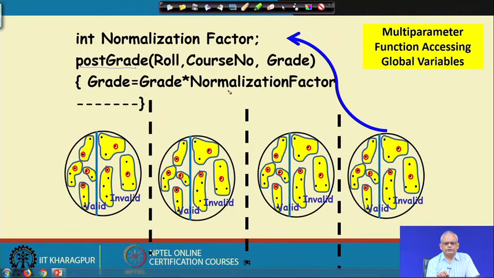Now, we can think of this as an additional factor which influences the outcome here, and therefore, we can form equivalence classes not only corresponding to the three input parameters, but also corresponding to the global variable.